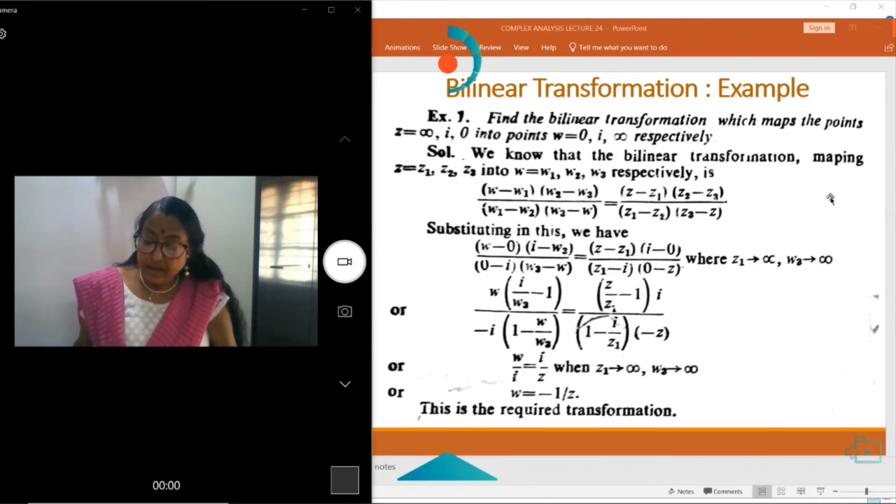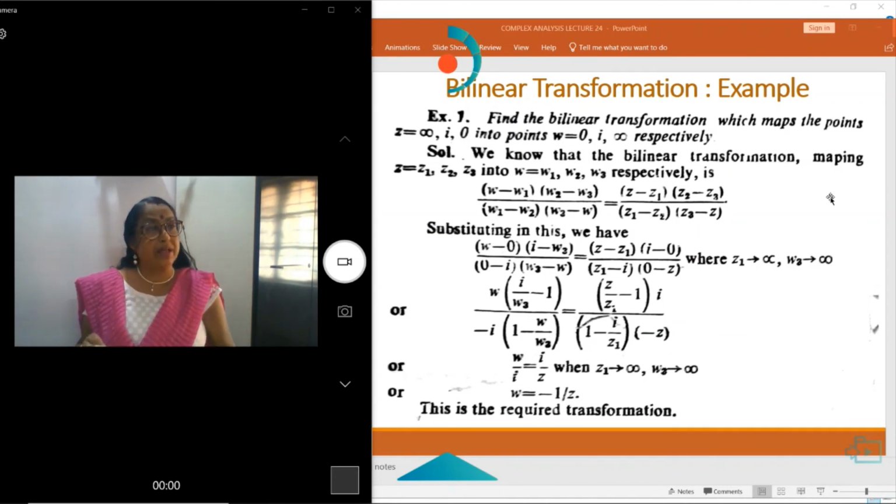In this formula, put z = z1, z2, z3 and w = w1, w2 and w3 and get the identity. Here w = -1/z. This is the required transformation after putting these values.